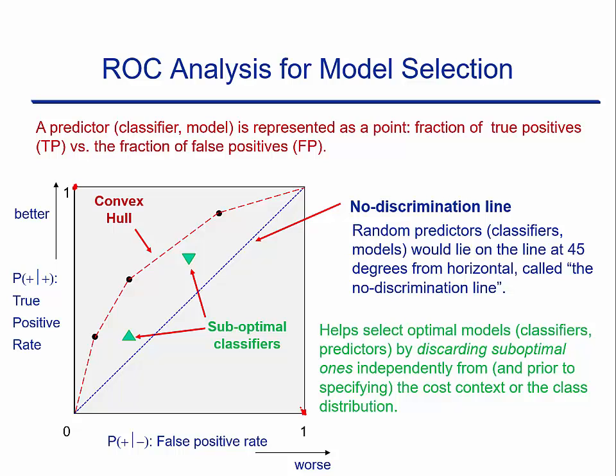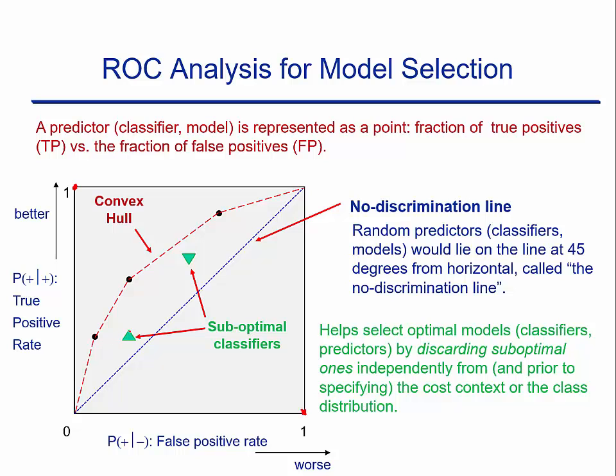So our ideal is to find the best classifier that outperforms all other classifiers in both aspects. However, this cannot be guaranteed. What can be guaranteed is that we can exclude those that cannot perform better than others. These are called the suboptimal classifiers.